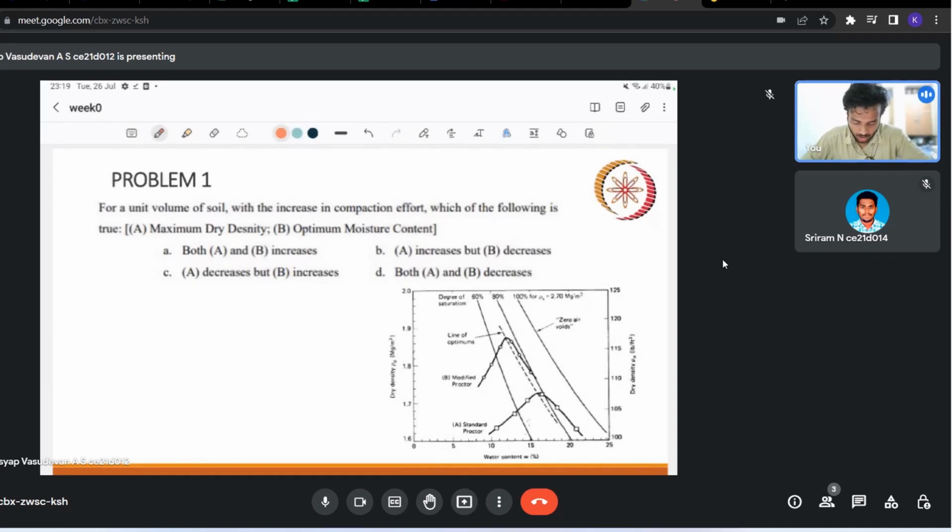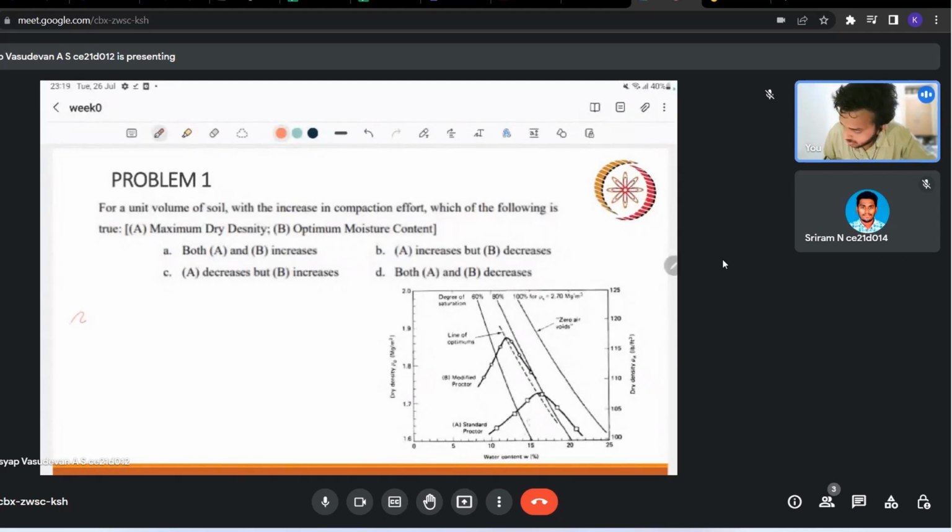So in this graph, we have two curves which show the standard Proctor test results and the modified Proctor test results. The basic difference is the compactive effort, as I told.